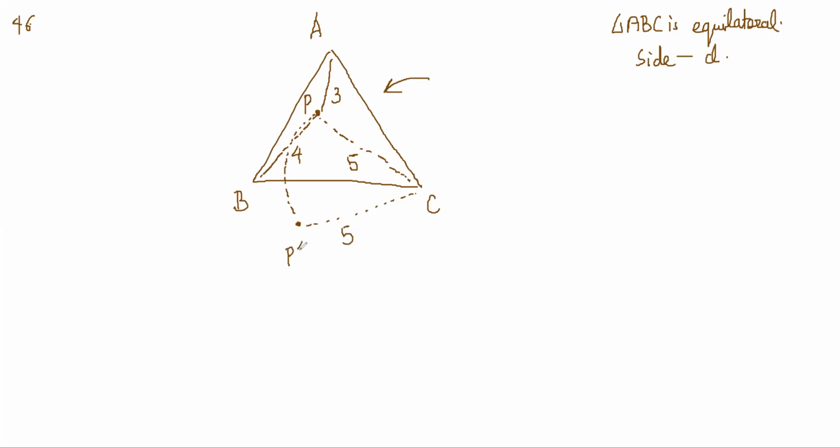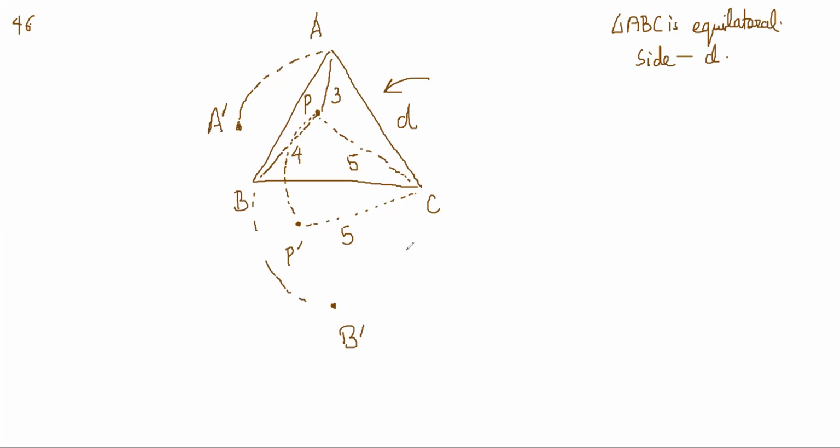This is my P dash in the new situation. A will still be at a distance D, but it will be at some place A dash after rotation by 60 degrees. Similarly B goes to B dash.